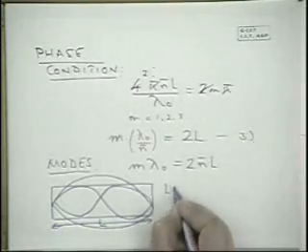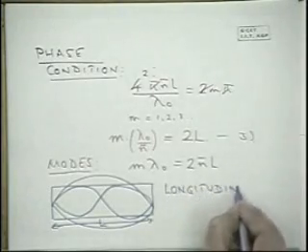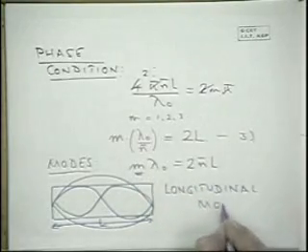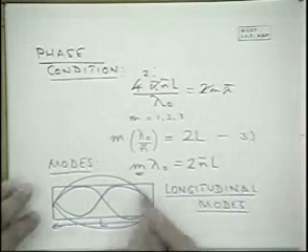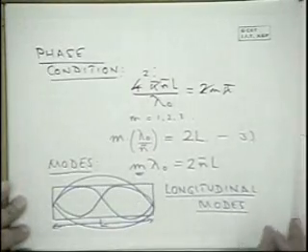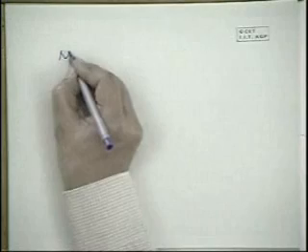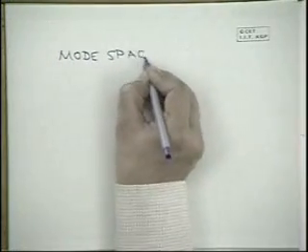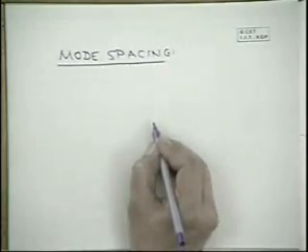So these are what are known as different longitudinal modes, depending upon the value of m, which will give you the correct phase relation, and we can find out what will be the mode spacing, the difference in wavelength between different modes.